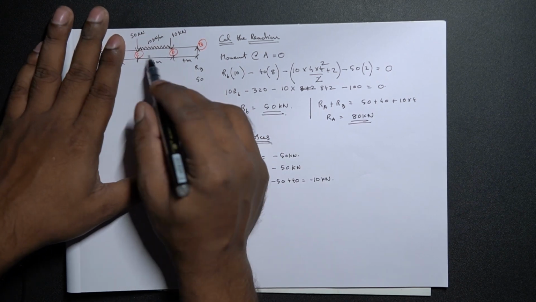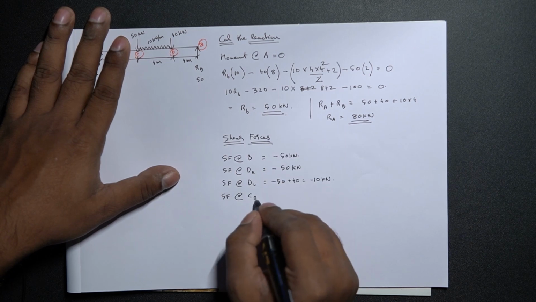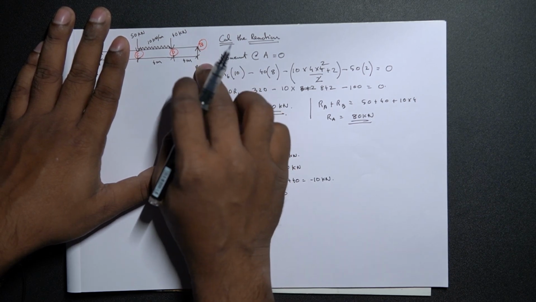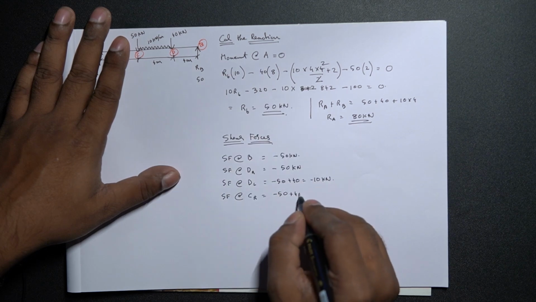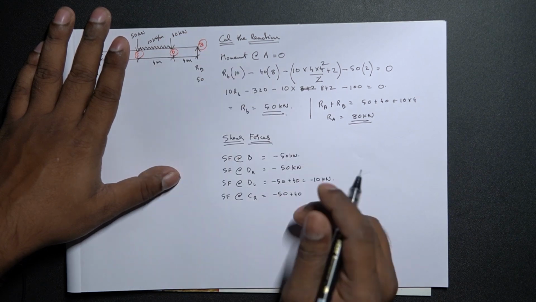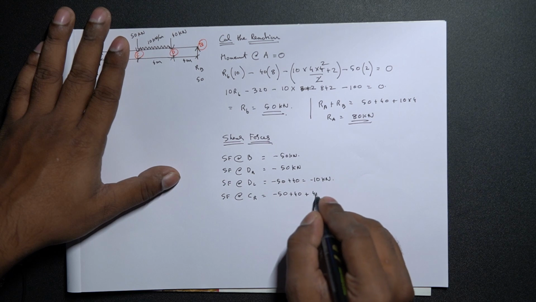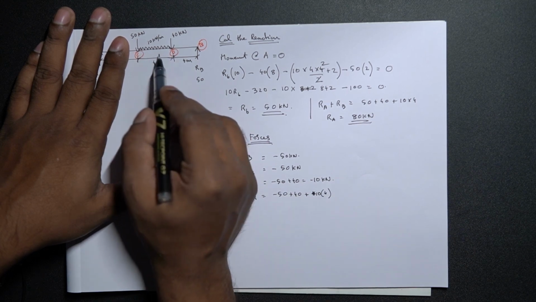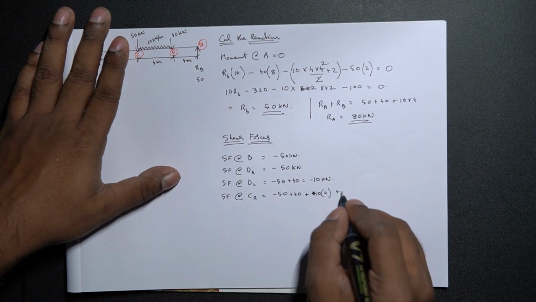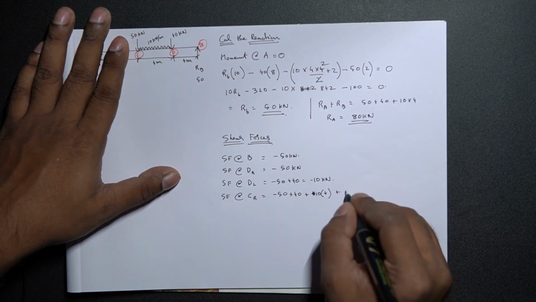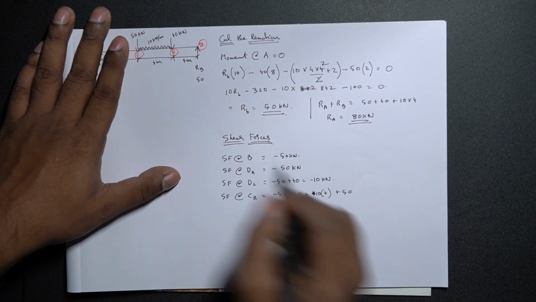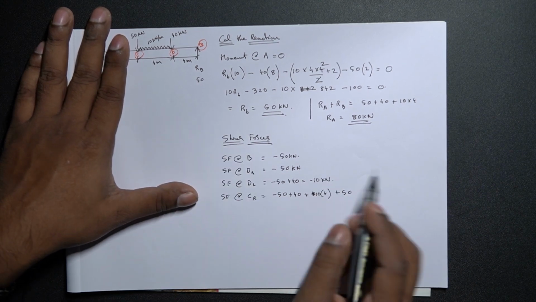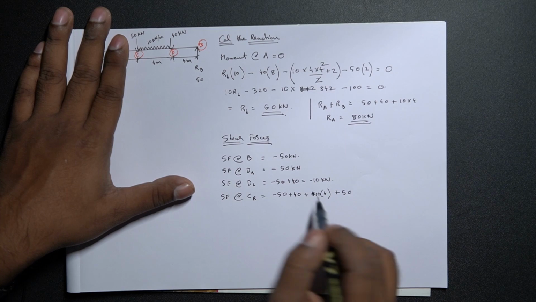Shear force to the right of C, C right. So we have minus 50 kilonewtons from RB plus 40 kilonewtons at point D plus 10 times 4 UDL, that is 10 spanning over the UDL of 4, plus another 50 kilonewtons acting from top. So the sign connotations, I hope you are able to correlate with the main principle.